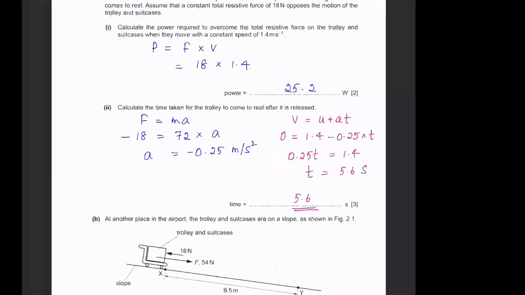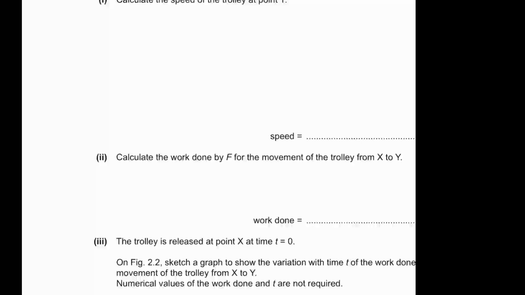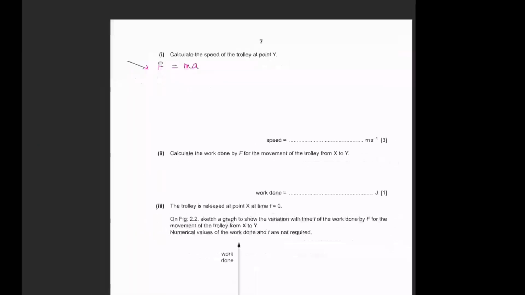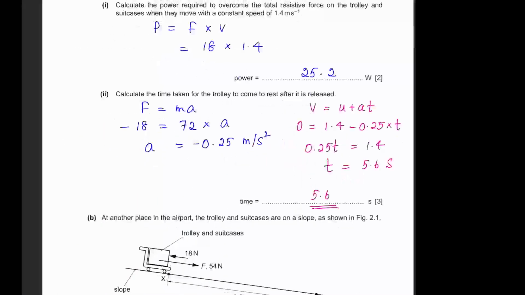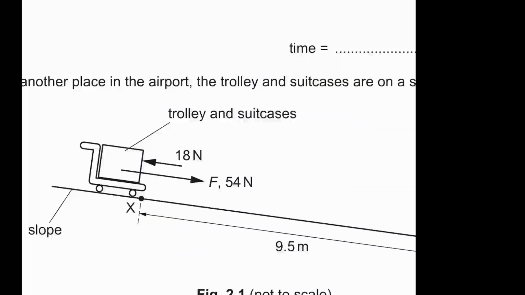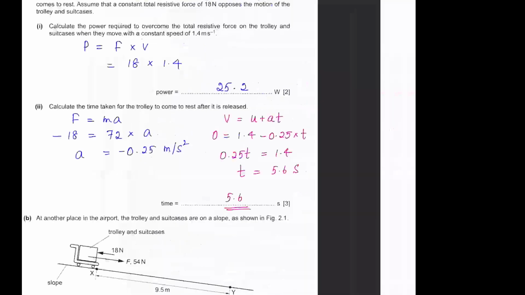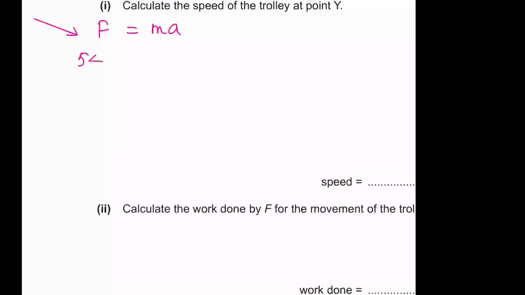If I use F equals ma down the slope, F is the resultant force. 54 newtons acting down the slope, 18 newtons opposing that. So the resultant force will be 54 minus 18.